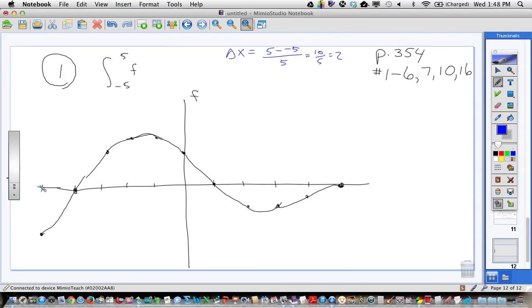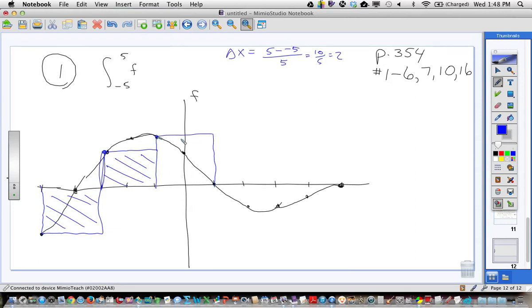So the first left will start over here, go 2 across to there. The next left, the next one goes across to there. And then we got one that's 0, right?